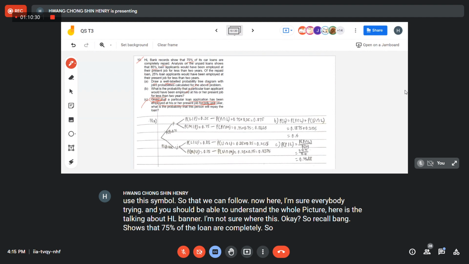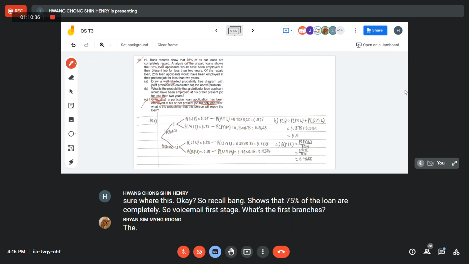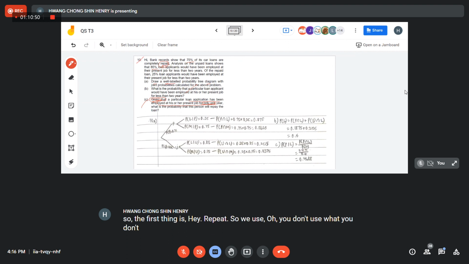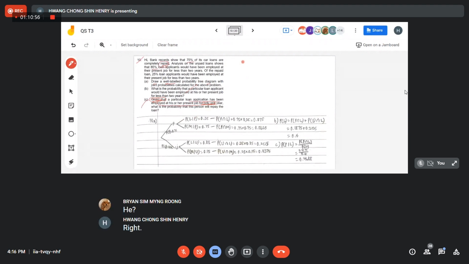So what is the first stage? What are the first branches? The P is paid and the U is unpaid. So the first thing is paid, repaid. So you don't use R, you use P. Paid, P, right?